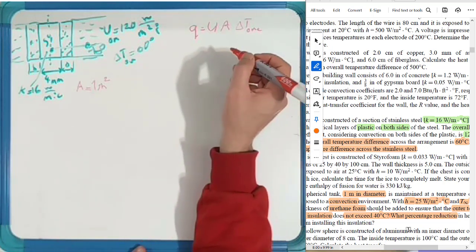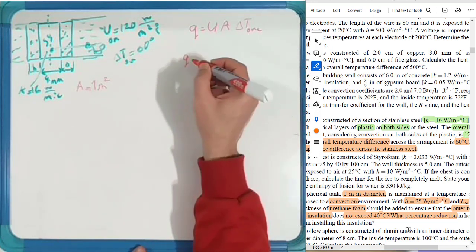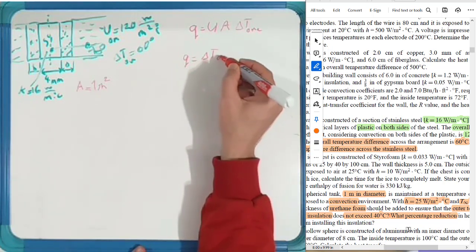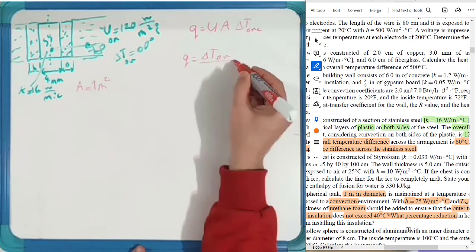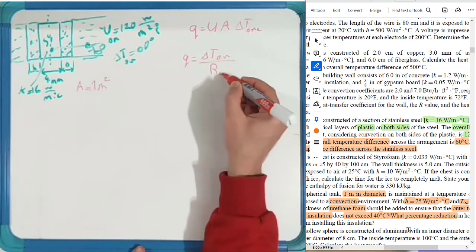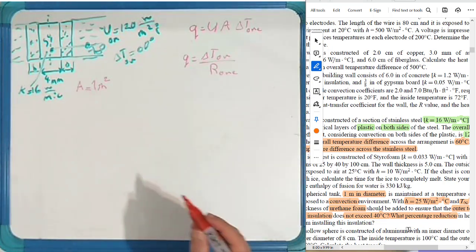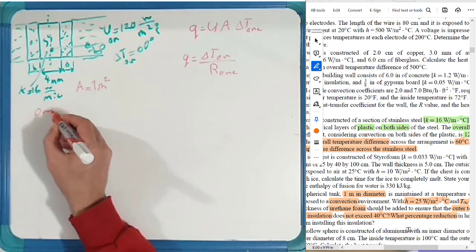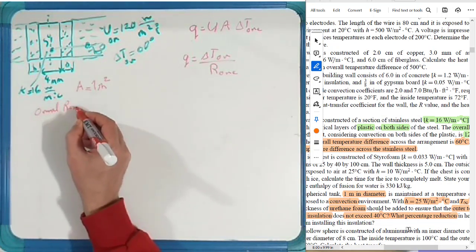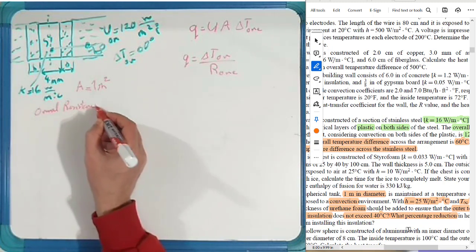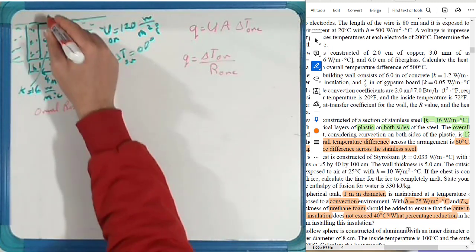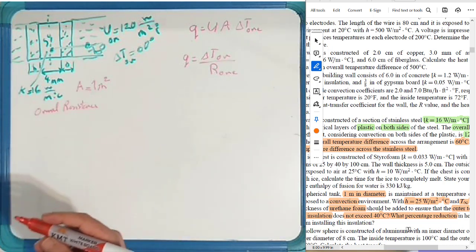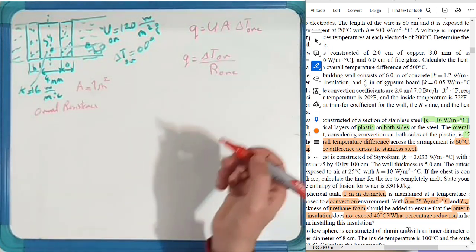I can write this formula as delta T overall divided by R overall, the overall resistance, all the resistance from the center line to the convection.